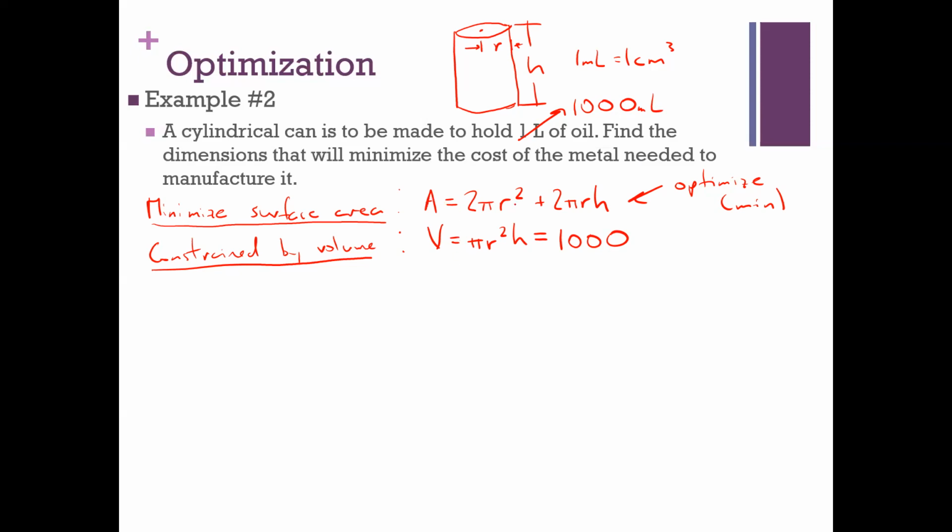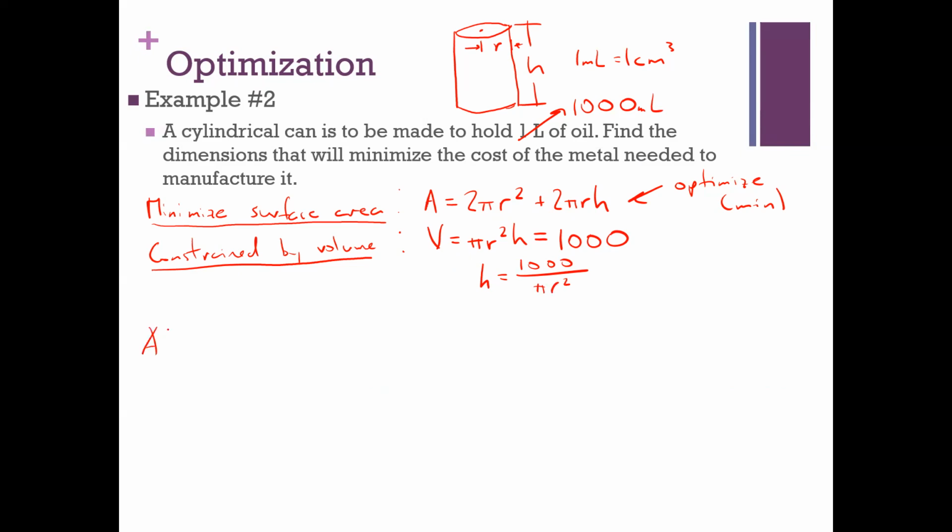In my area function, area is a function of radius and height. I would really like us to get this into a function of one or the other. So which should I go for? Should I try to eliminate the h, or should I try to eliminate the r's? Eliminating the h is going to be much simpler. So I'll solve for h over here, and I got 1,000 over pi r squared.